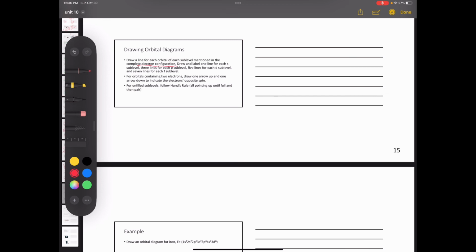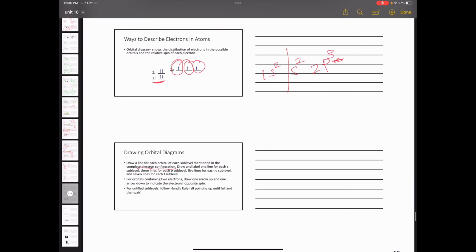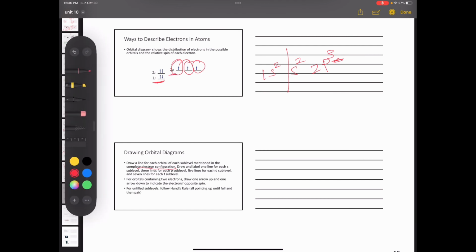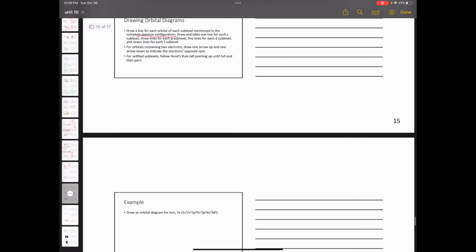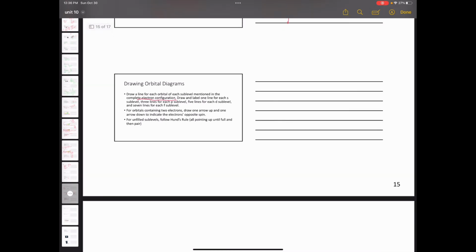It makes it a lot easier. Then you draw and label one line for each s sublevel, 3 lines for each p sublevel, right? Because when we talked about the p orbitals, we said there are 3 suborbitals, the px, the py, and pz, 5 for the d, 7 for the f.